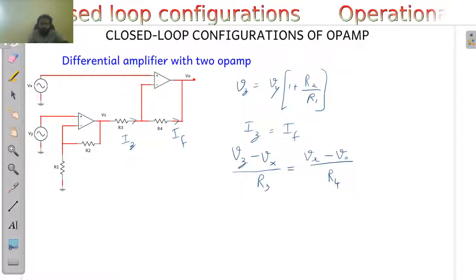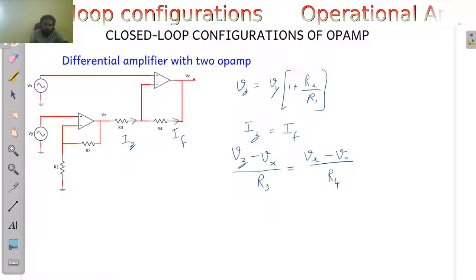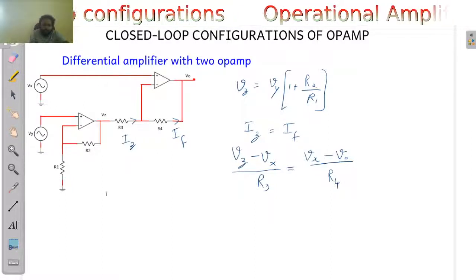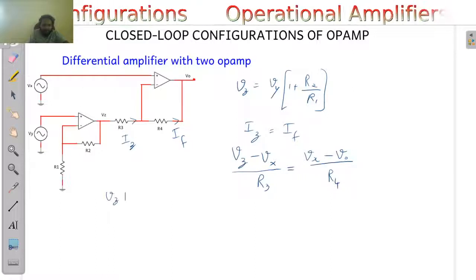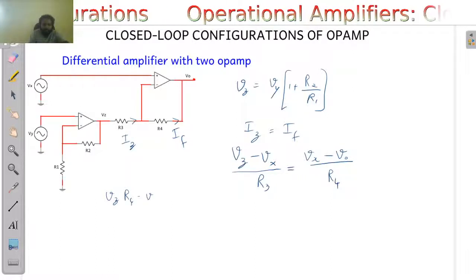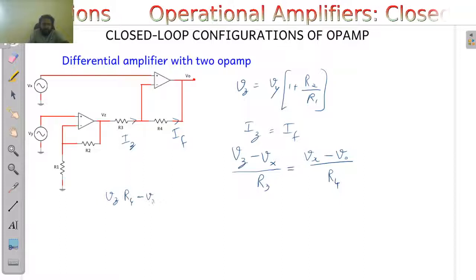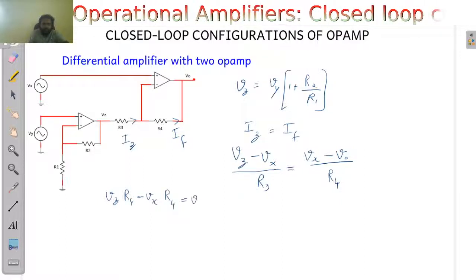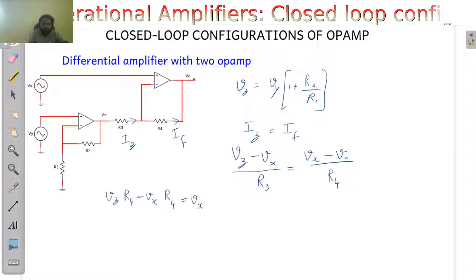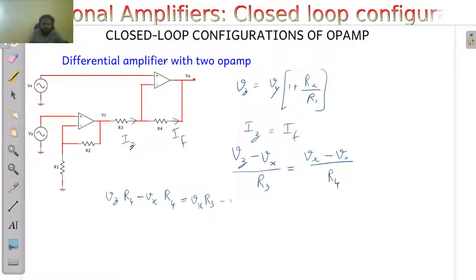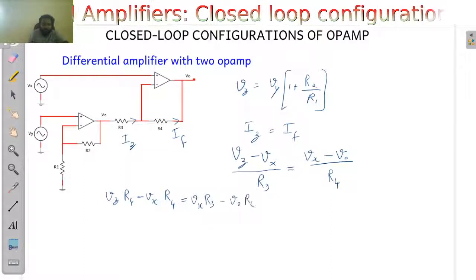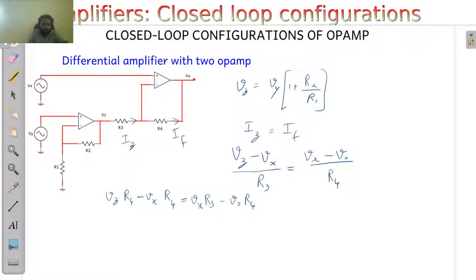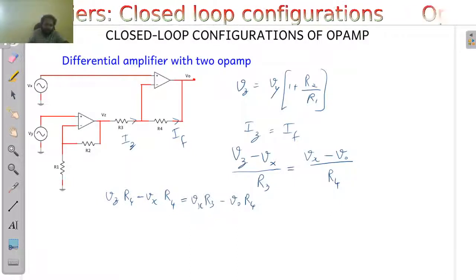Now we have to expand these things. After cross multiplication, it is Vz R4 minus Vx R4 equal to Vx R3 minus Vo R4. We have to have Vo on one side, so I'll take Vo to the other side.